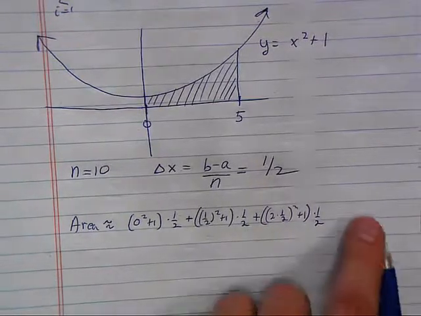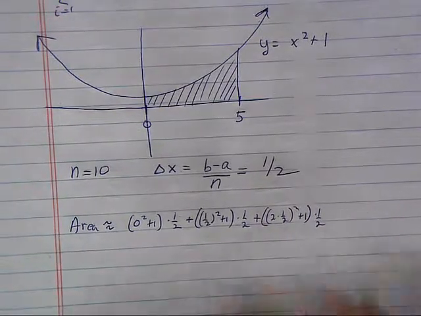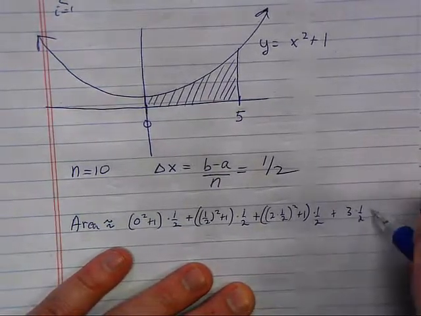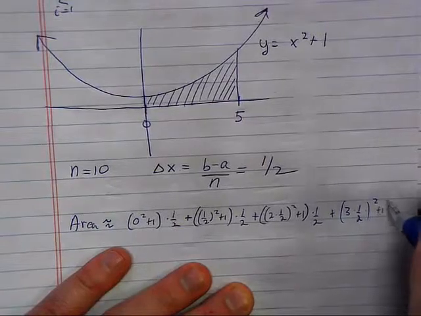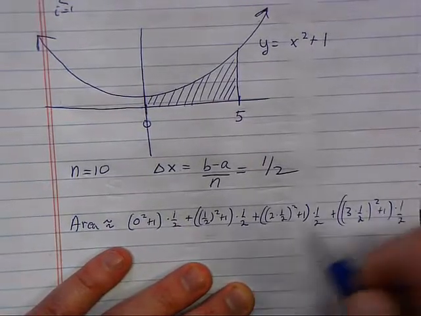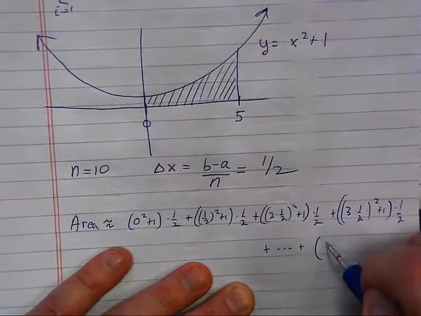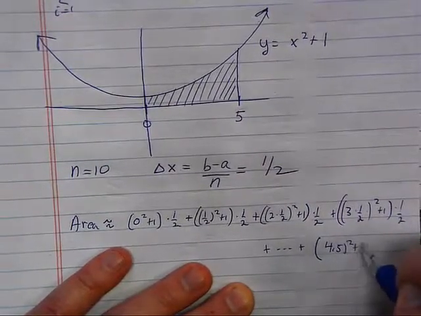The next one is going to be 3 times 1/2, so I'll write the next one in. 3 times 1/2 squared plus 1 times 1/2 plus, and we would end at 4 1/2 squared plus 1, wouldn't we?